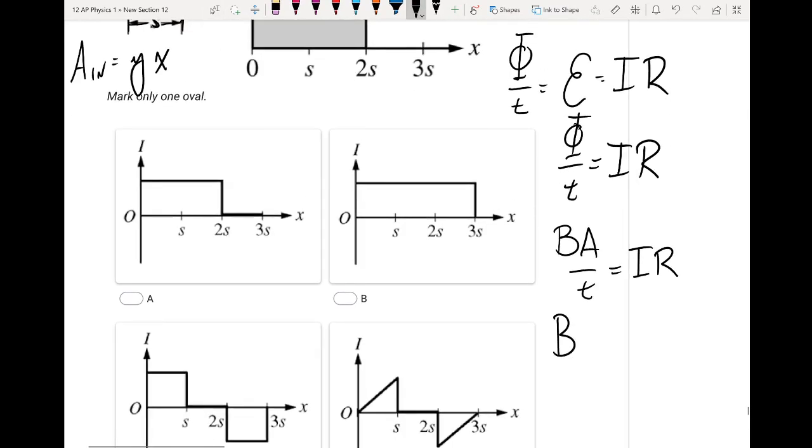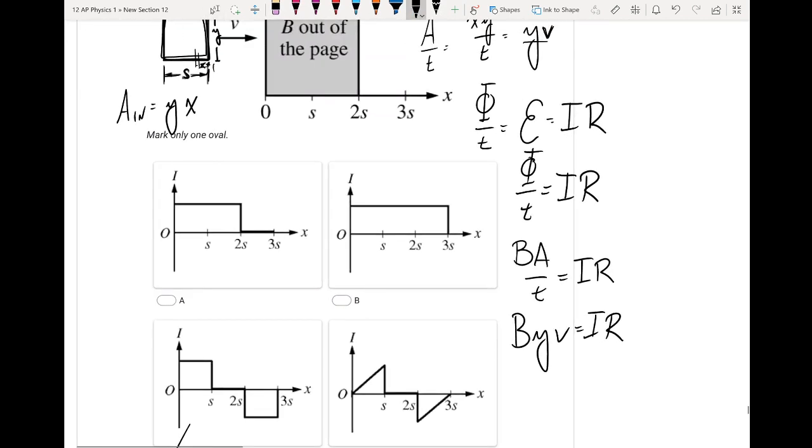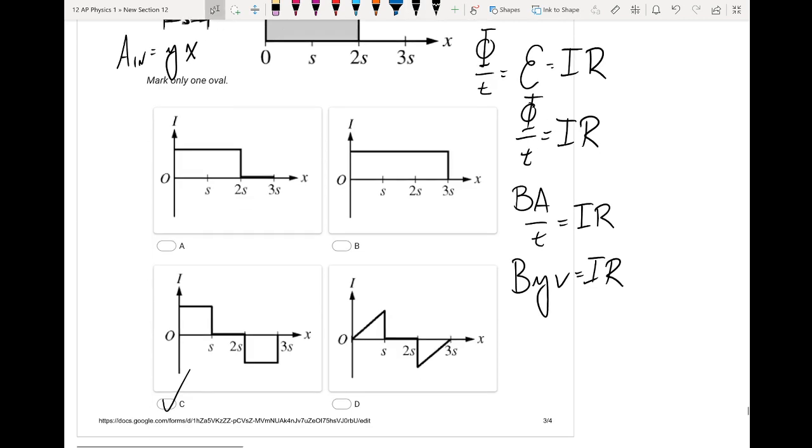So B y v equals I times R. What feels really weird is it feels like it should be changing, but in this case, where the area within the magnetic field is changing, B is a constant, y is a constant, v is a constant, R is a constant, which means that I has to be constant.